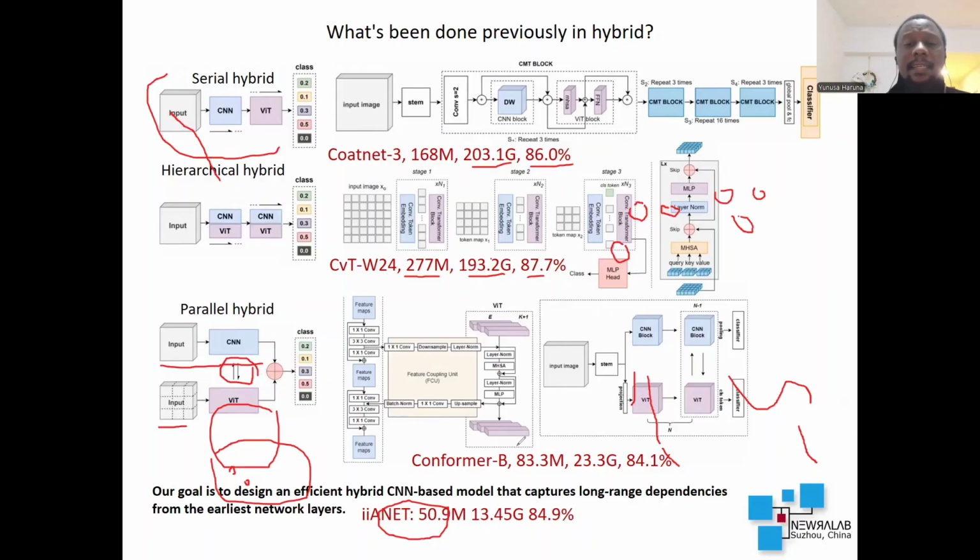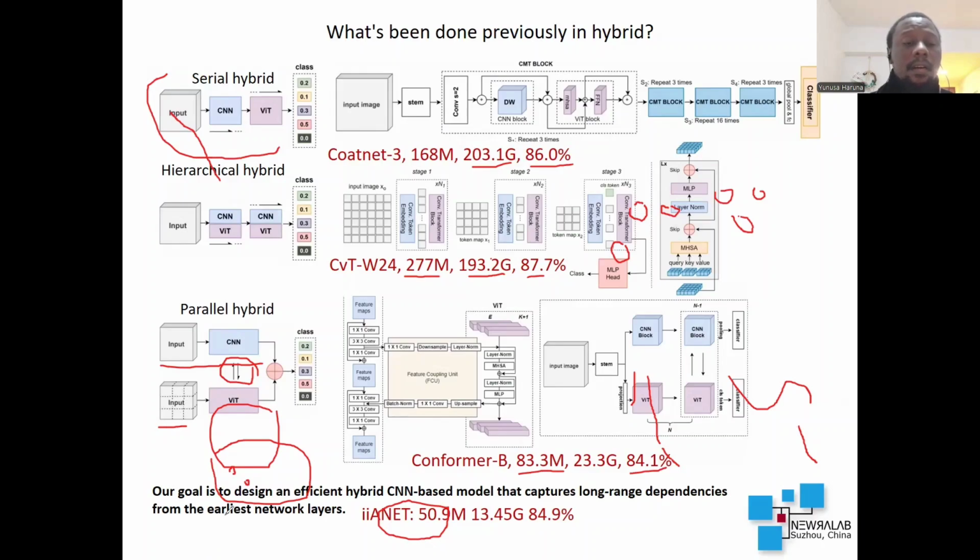Also here, I think there's going to be a problem with the way they use resources. As you can see here, this Conformer-B has 83 million trainable parameters, and also 23 G-flops, and the accuracy is pretty high.